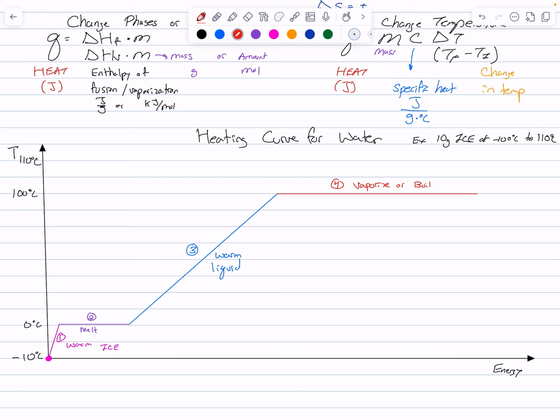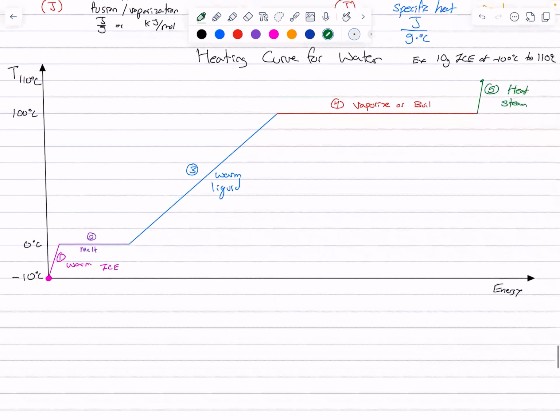And step 5, heat the steam. So that's the heating curve for water. All right, a heating curve for water. What are your steps?